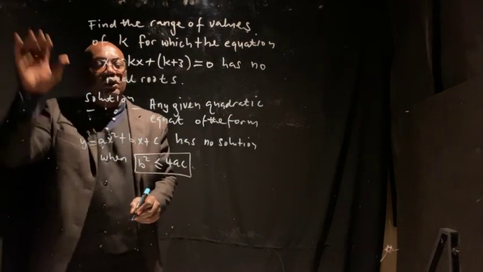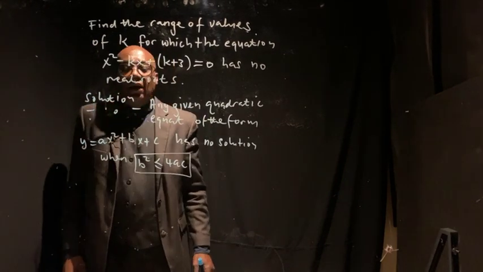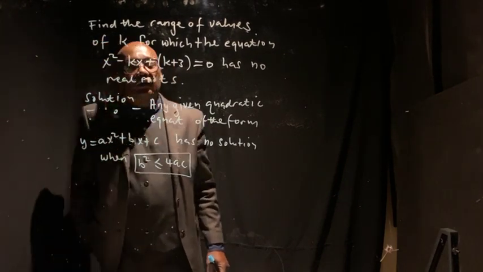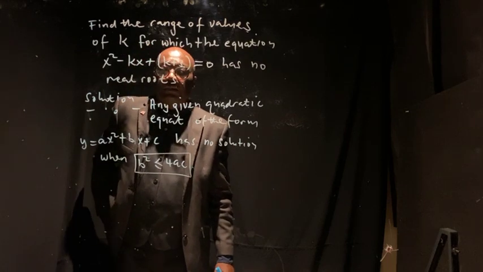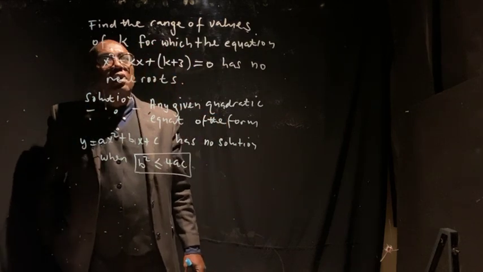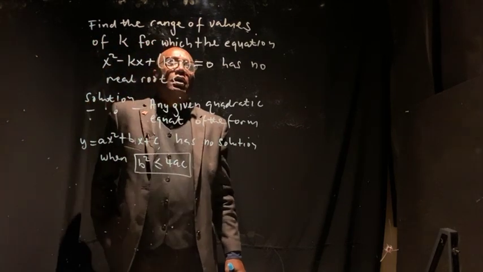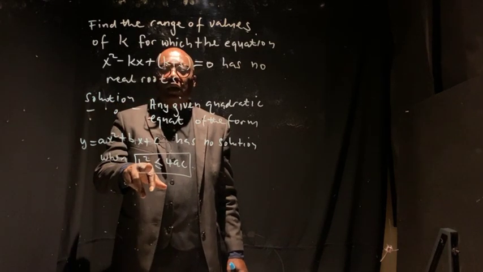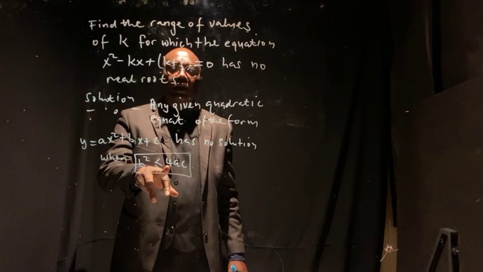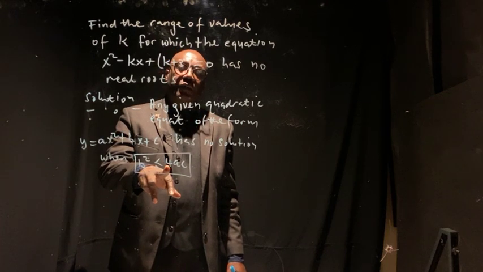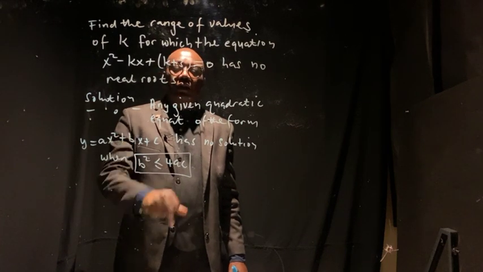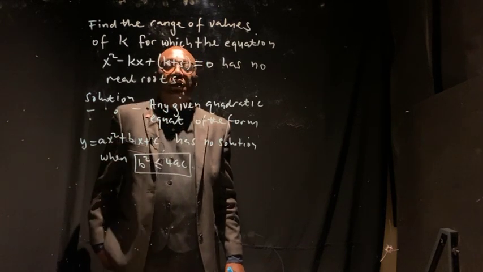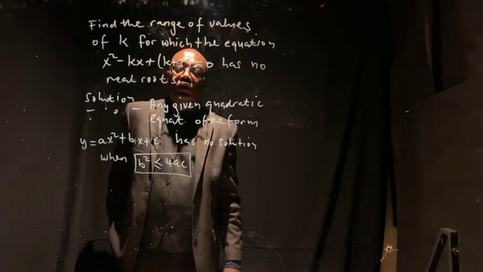That is the condition. If you have any given quadratic equation and you compare the coefficients of a, b, and c, and you find that b squared is in fact less than 4ac, then it indicates that that quadratic equation has no solution.